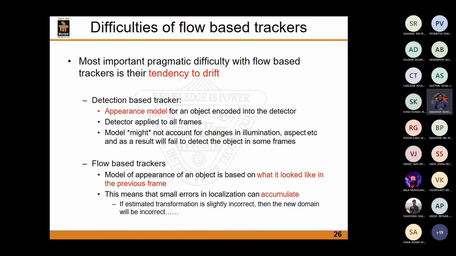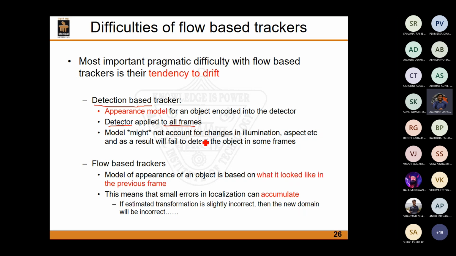Now coming to some limitations of using the flow-based trackers. The first broad type of tracker that we saw is the detection based tracker, right? In the detection based tracker, you need to build an object detector for that particular object, and we need to apply it on all the frames.